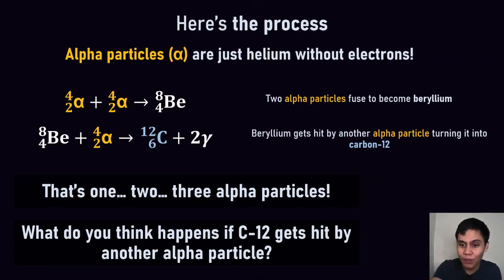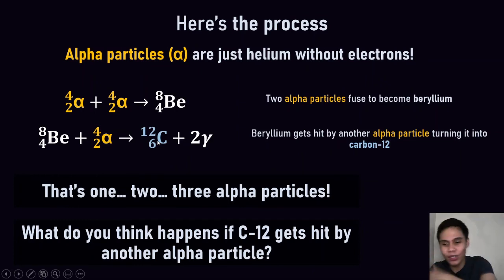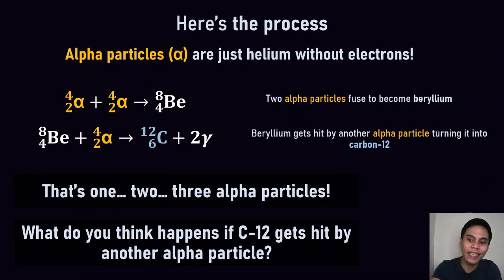So this stable beryllium nucleus has an atomic mass of 8 and 4 protons, but this beryllium will get shoved with another alpha particle. That's why it's triple alpha, because there's a third alpha particle shoved into the beryllium, giving us carbon-12. And carbon-12 is the same stable isotope that we saw earlier. So this carbon-12 is the next heavy element produced in the triple alpha process.